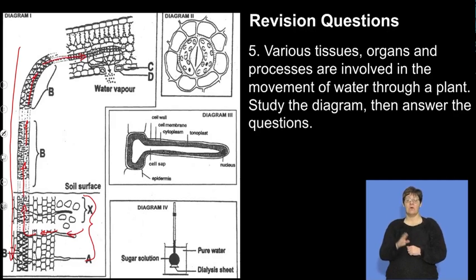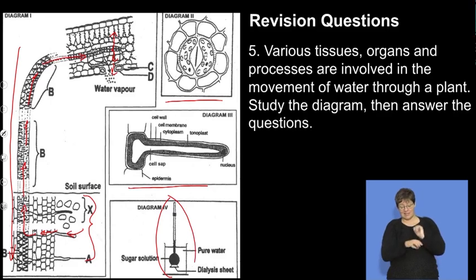When the water gets into the small xylem vessels in the leaf, it leaves the xylem. Some goes into the cells, some goes out through the process of transpiration. Then, other pictures show different organs found at different parts of the plant, and an experiment. And the questions will need you to link everything together.